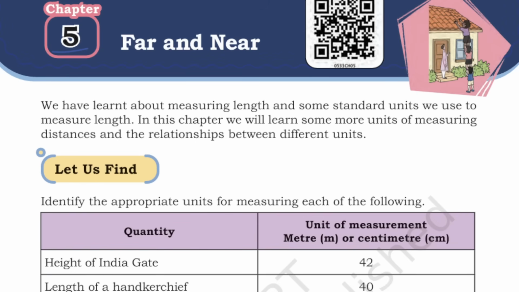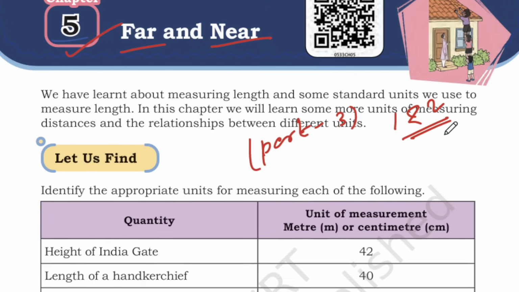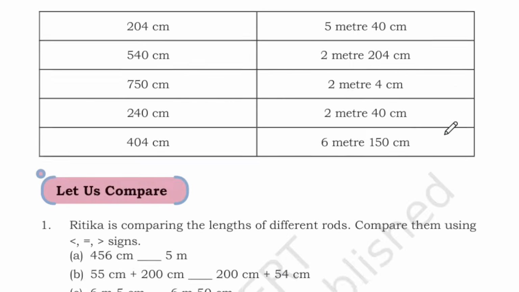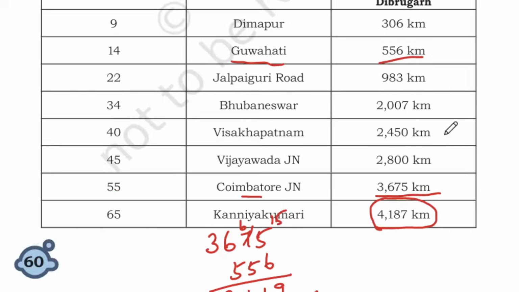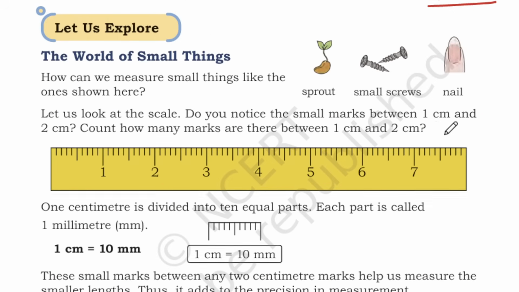So today we are going to see the part 3 video of class 5 maths, chapter number 5, Far and Near. Those who missed the part 1 and 2 videos, you have to watch those first and then watch this video, then only you will be able to understand. Part 1 and 2 are already completed.